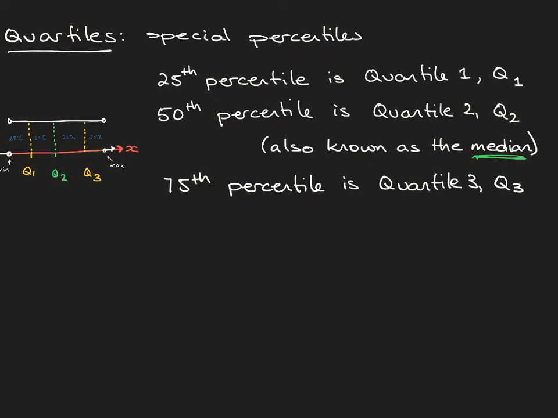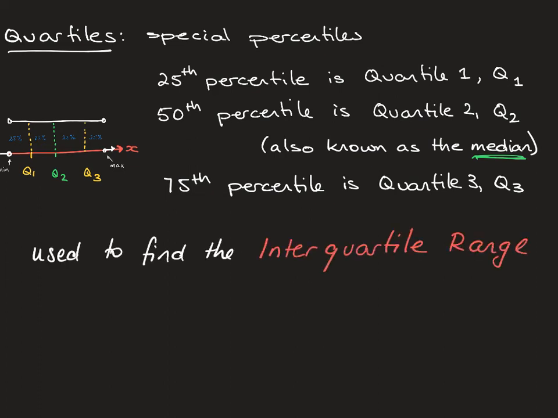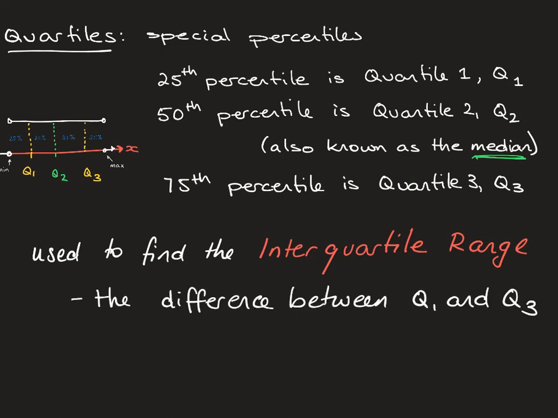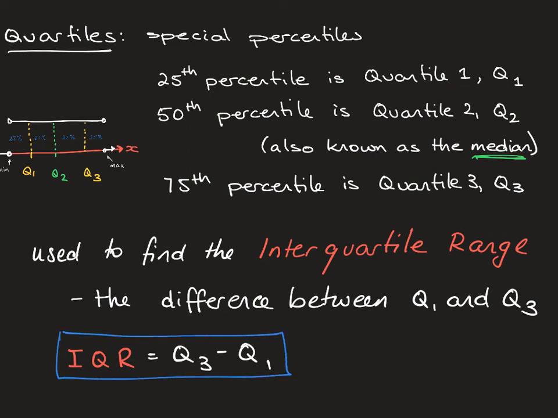And what we use the quartiles for is to measure where the middle 50% of the data is, between which two x values does 50% of the data sit, and that we refer to as the interquartile range. The interquartile range is the difference between quartile 1 and quartile 3. So you work it out using the formula quartile 3 minus quartile 1.